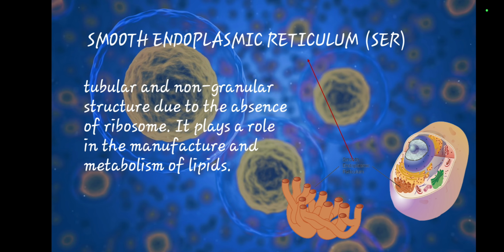So the main function of the smooth endoplasmic reticulum is in metabolic processes. It synthesizes lipids, phospholipids, as in the plasma membrane, and steroids. So that is the main function of smooth endoplasmic reticulum.